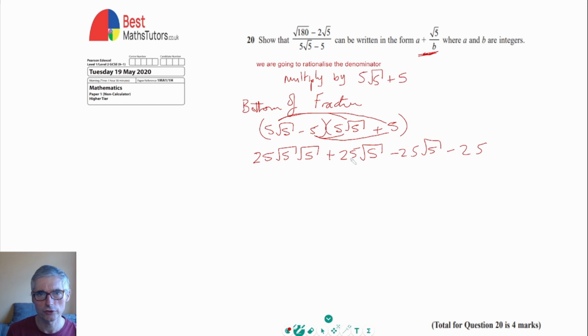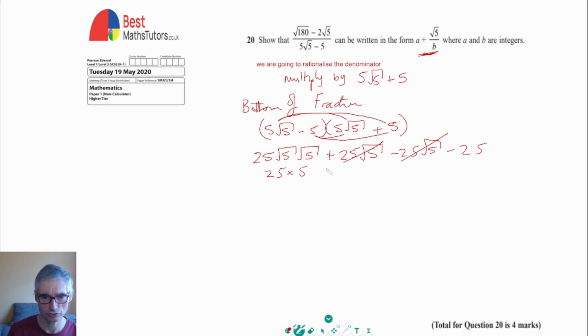Now, you might have noticed that I've got a plus 25 root 5 and a minus 25 root 5. This is why this method works, because they cancel each other out, so they disappear. The other thing is, if you times a root by itself, so root 5 times root 5, that simplifies to make 5, the number underneath the root. So that becomes 25 times 5.